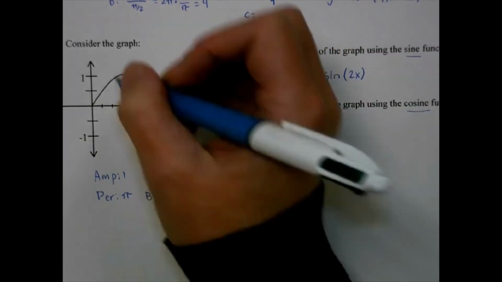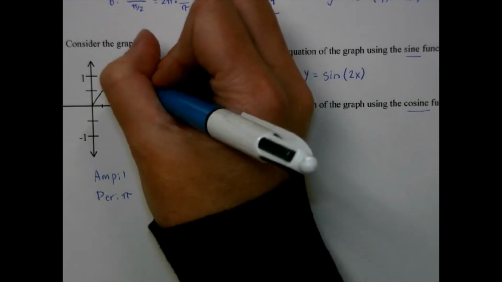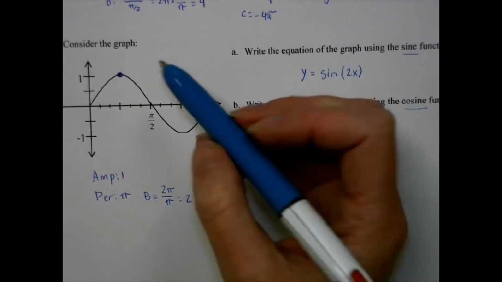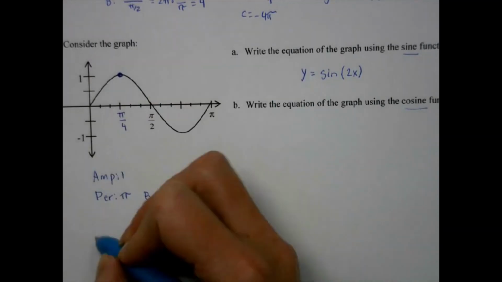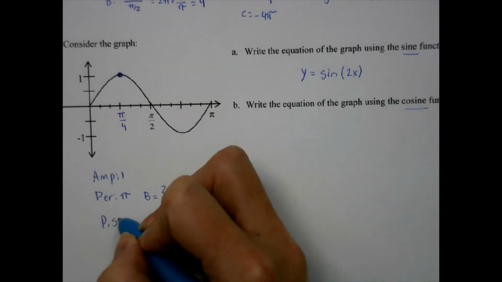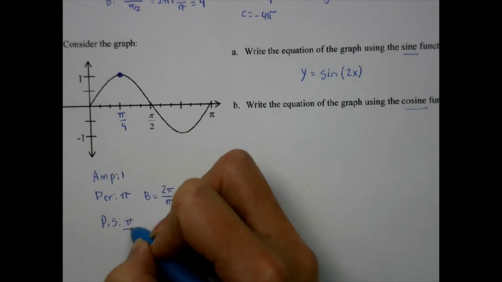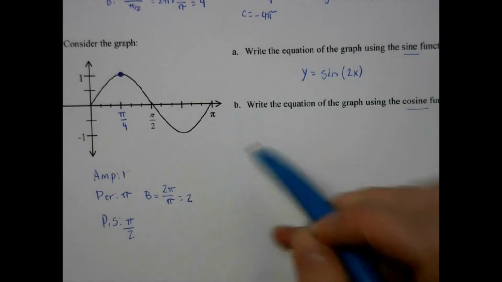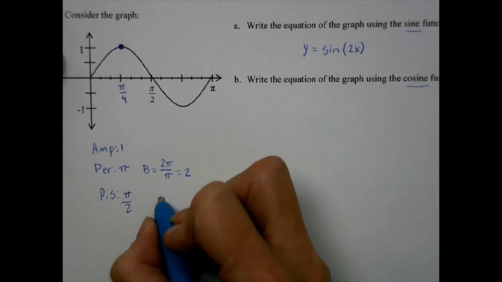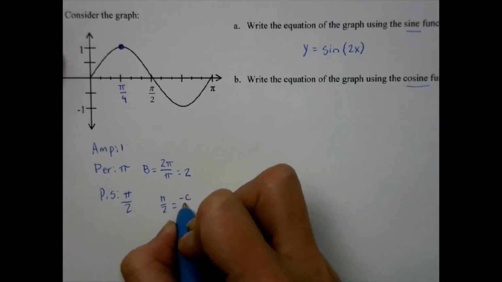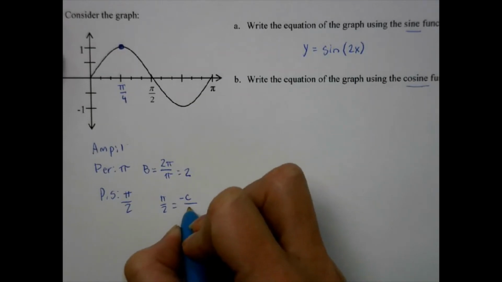To make this a cosine, my phase shift is going to be this location. So if this is pi over 2, this is pi over 4. So I have a phase shift of pi over 4. These two things remain the same. The amplitude and period, we've just shifted it over. So pi over 4 equals negative c over b.